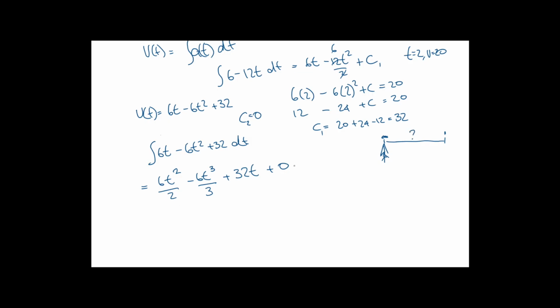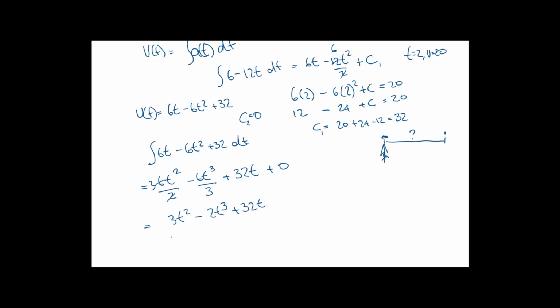We know that this is going to be calculated where t equals 2, but let's simplify things a bit more. So 3t squared minus 2t cubed plus 32t is going to be the distance.